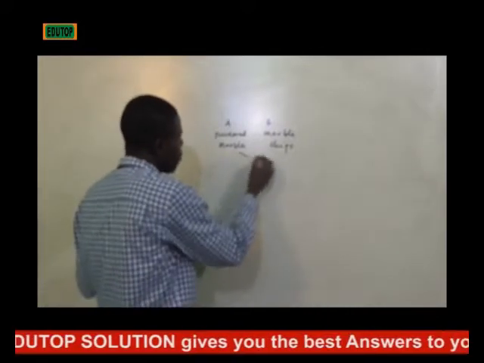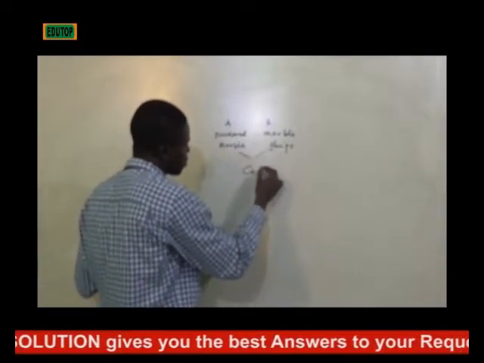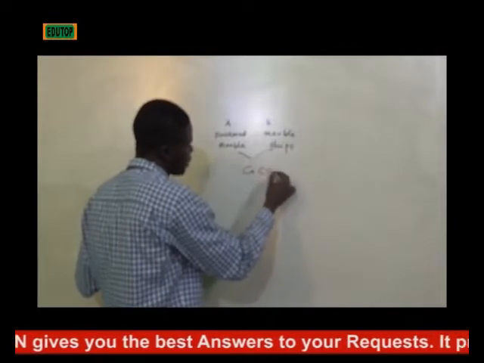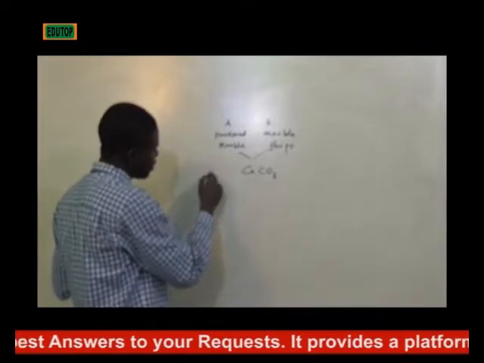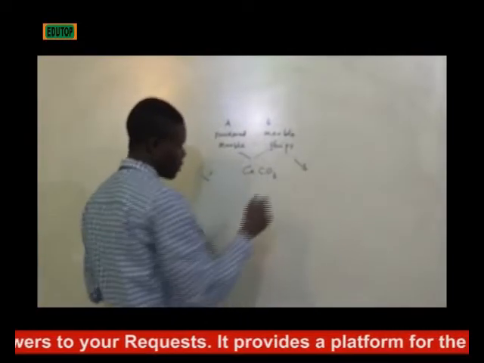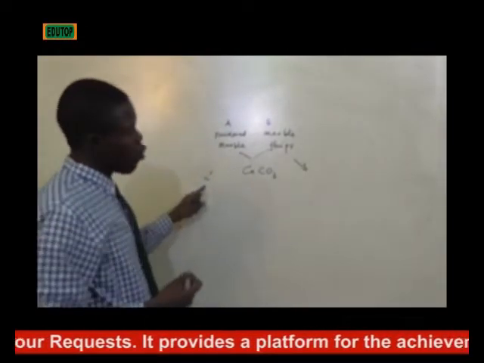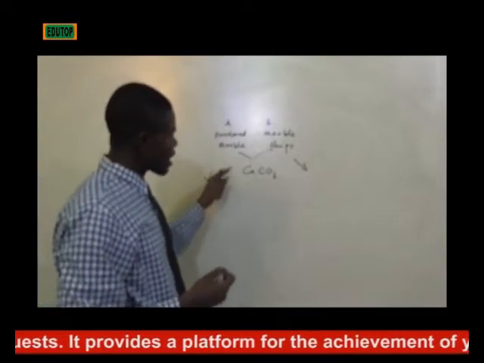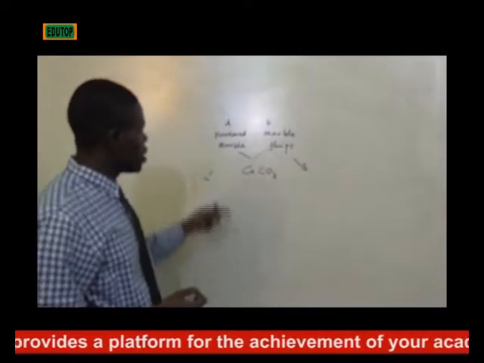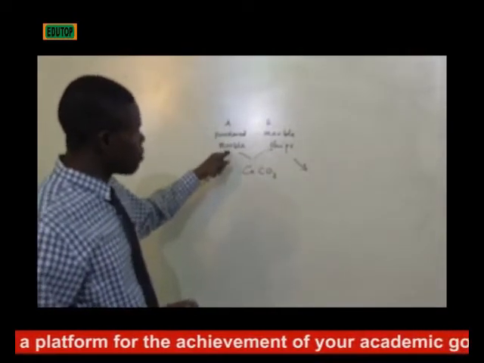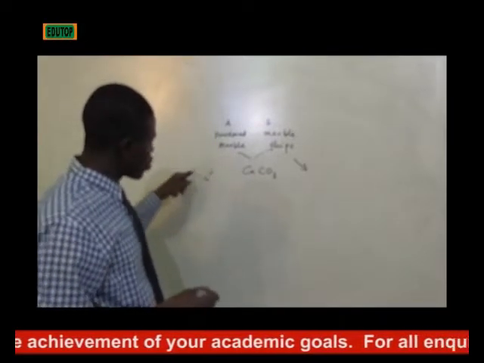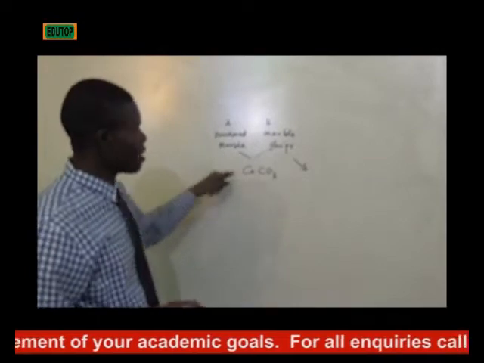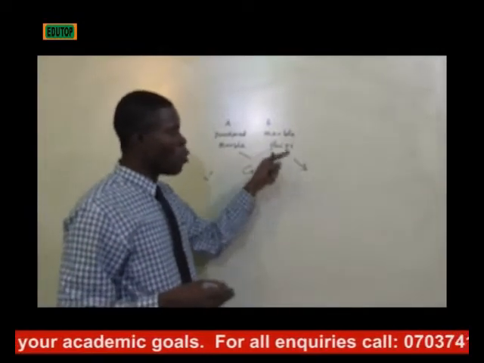Their component is calcium carbonate. So in this situation, when this is added to an acid and this is added to an acid, this reaction will take place faster. It will be faster than this, simply because the powdered marble will contribute a greater surface area to that acid than marble chips.